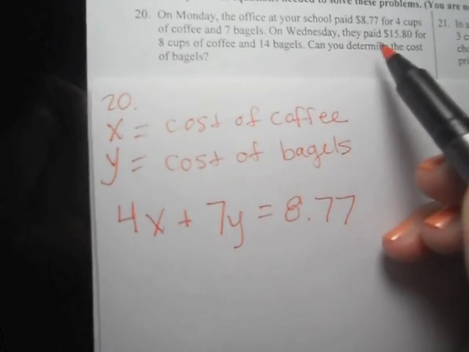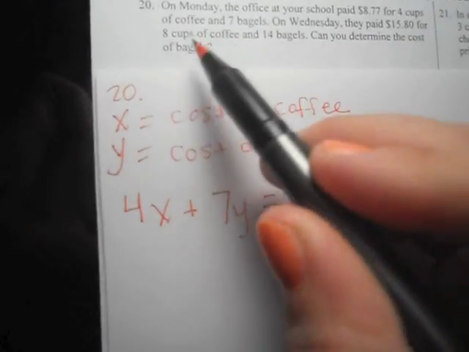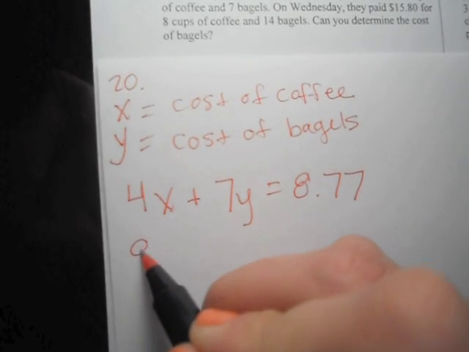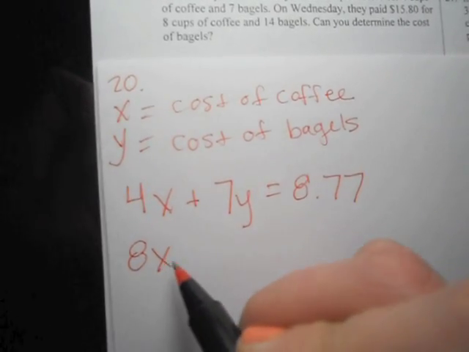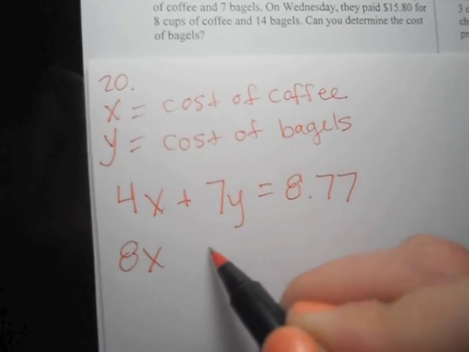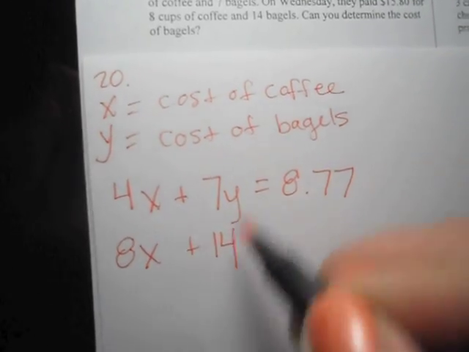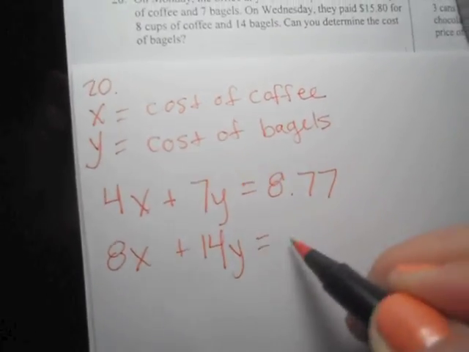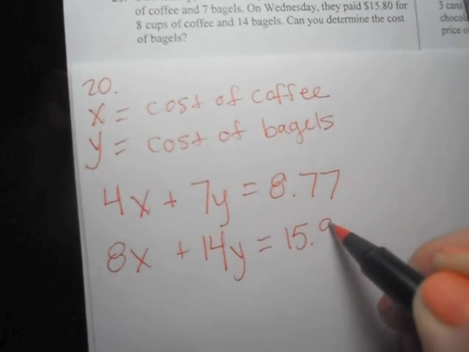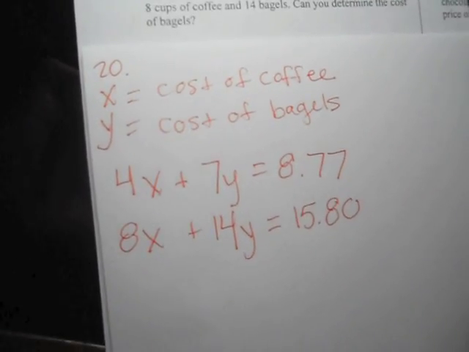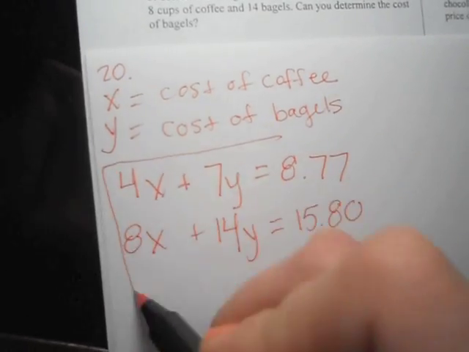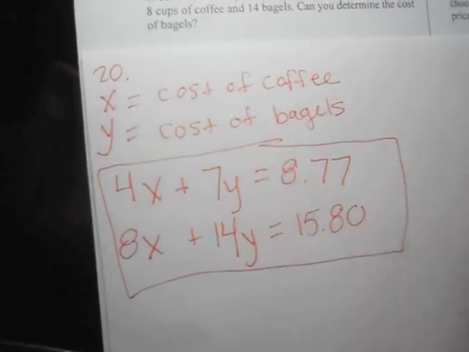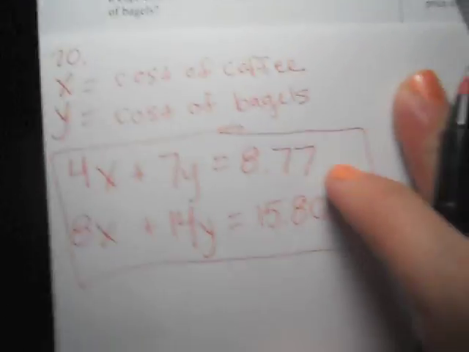On Wednesday, they paid $15.80 for 8 cups of coffee, so 8 times the cost of coffee, plus 14 bagels, which cost Y. That should equal $15.80. And that's it.